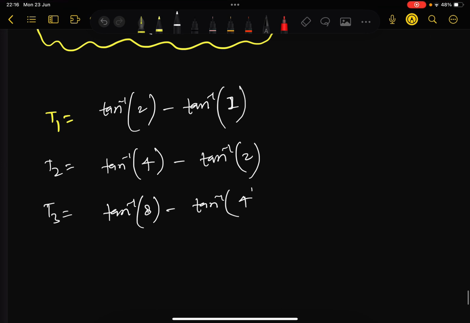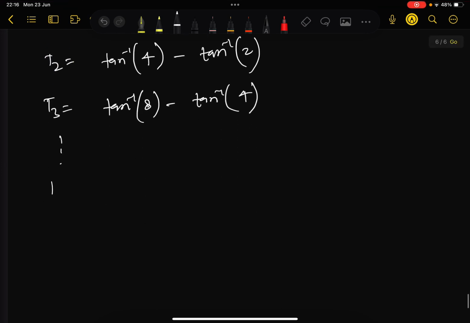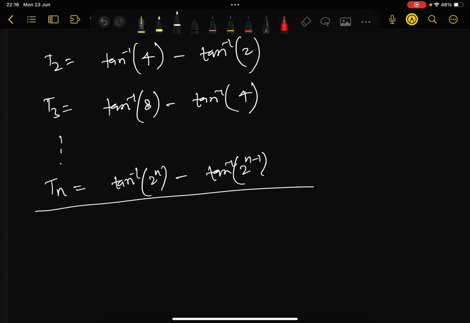So like this we have to write down n terms, right? So Tn is equal to tan inverse 2 raised to n minus tan inverse 2 raised to n minus 1, right? Now add all these terms here.